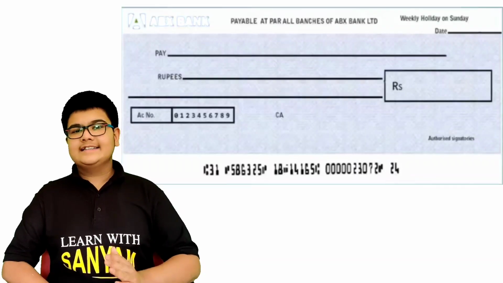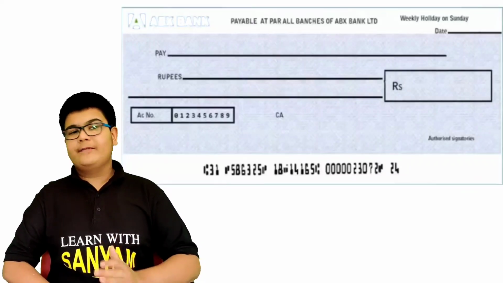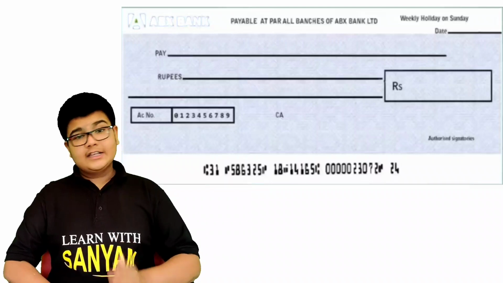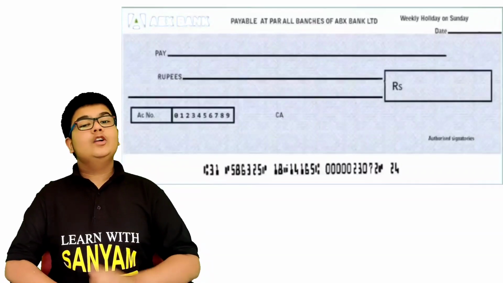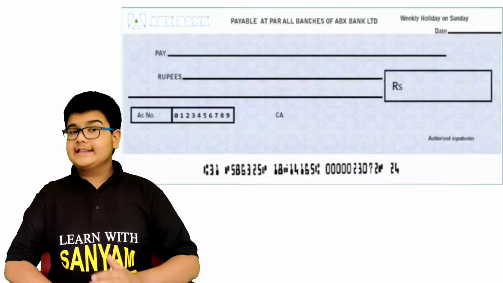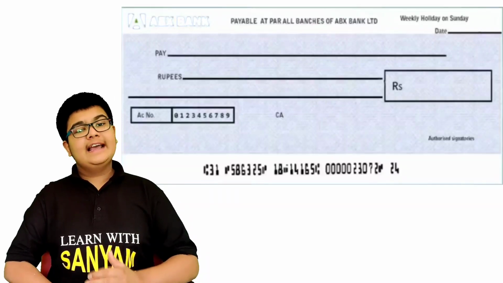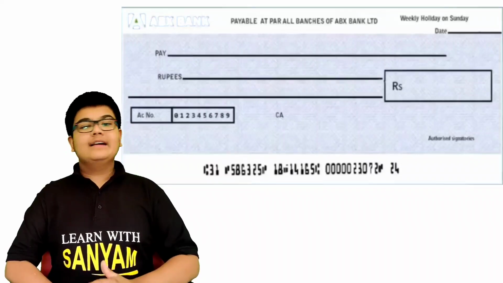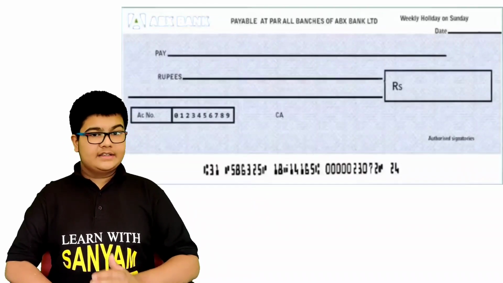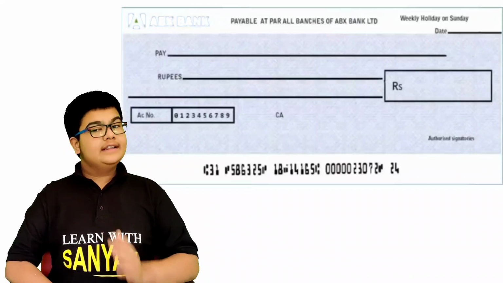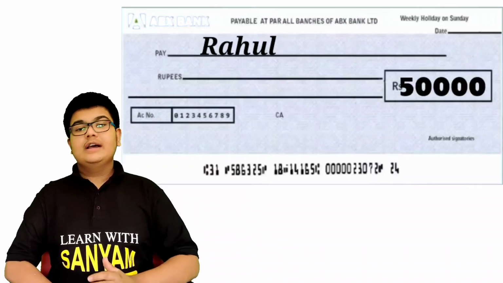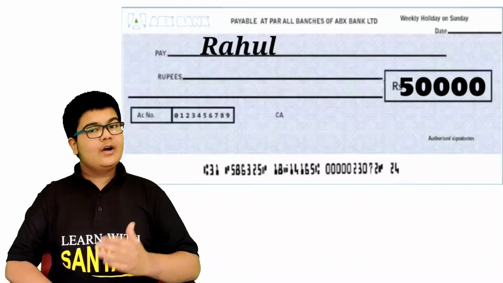Let's understand this check with the help of an example. Consider that Ram has to pay rupees 50,000 to Rahul. But he doesn't have so much cash, but he has a demand deposit with a bank. So the bank will give Ram a check and he can mention the name of Rahul on that check, and also mention how much money he has to give Rahul.